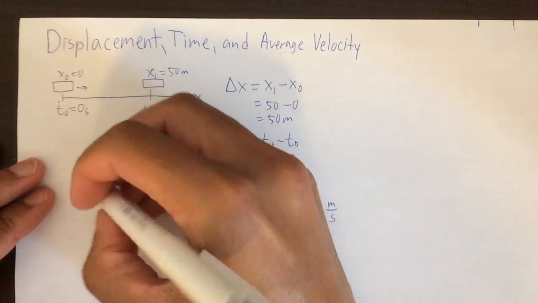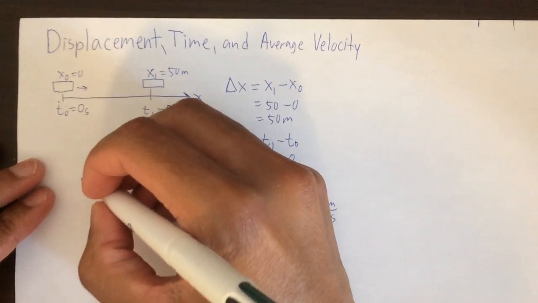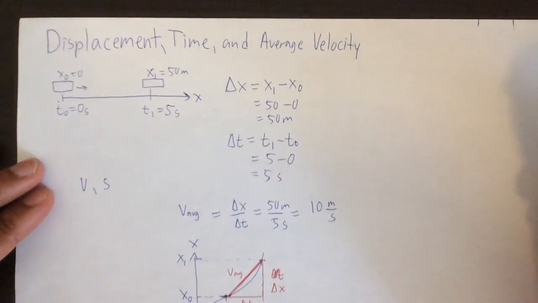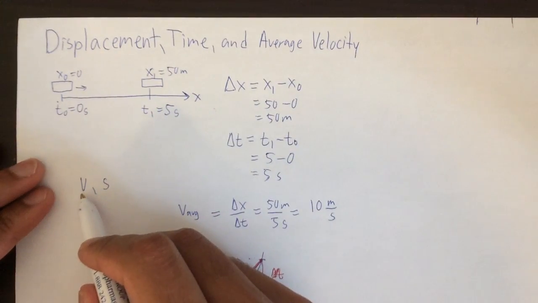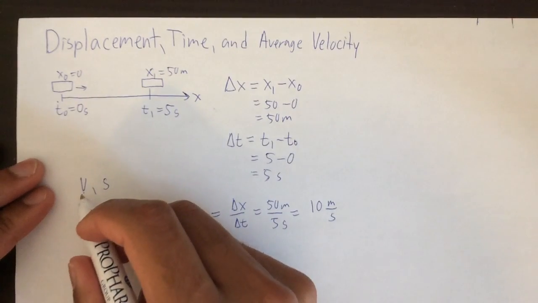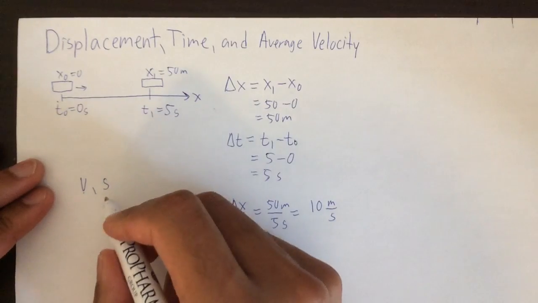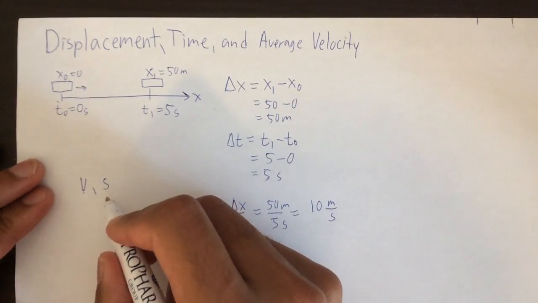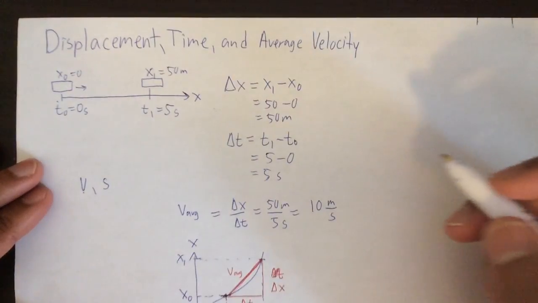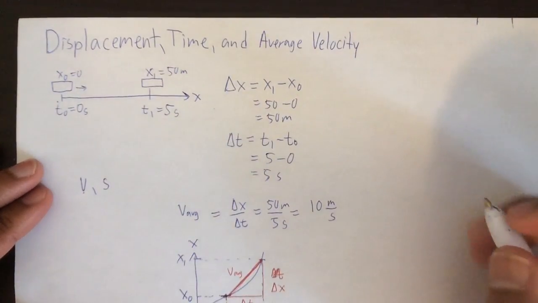Oh, and one thing we want to go over real quick is that there's a difference between the velocity and the speed of an object. Velocity is a vector, so it has a direction and magnitude, and the speed is just a scalar, and it's just the magnitude of the velocity, so it has no direction.